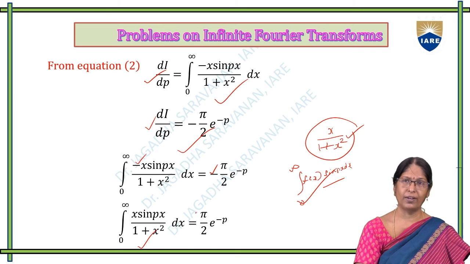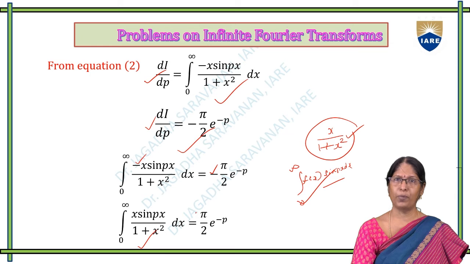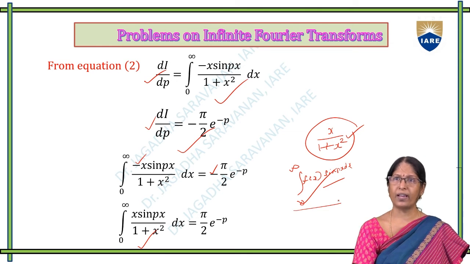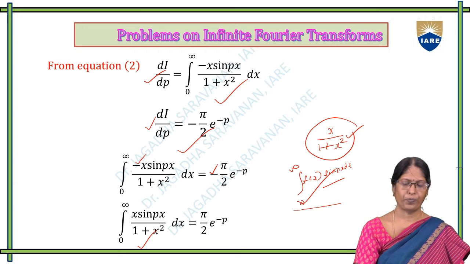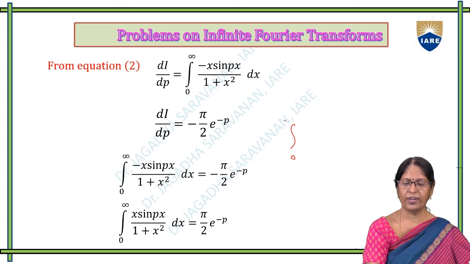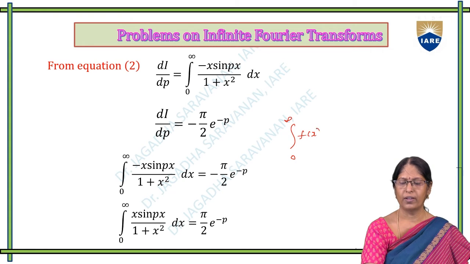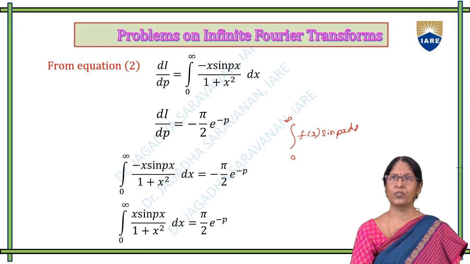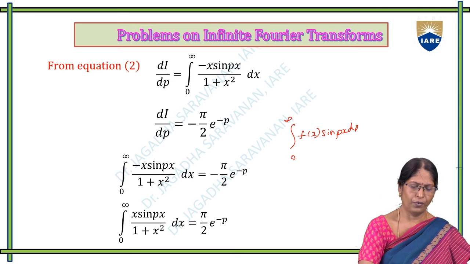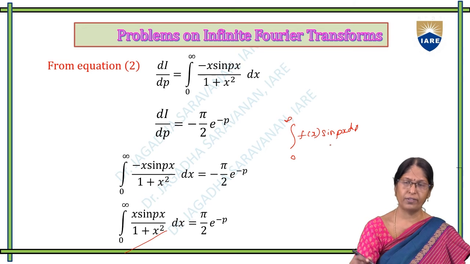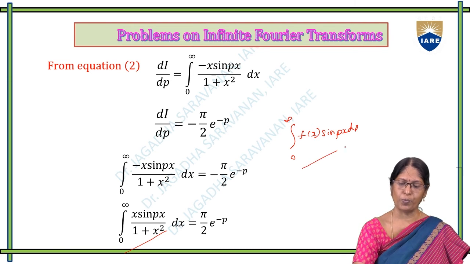What we obtained on the left side, if you notice, is nothing but the Fourier sine transform formula, that is, integral 0 to infinity f of x sin px dx. If you notice, our left side fits exactly to this formula.